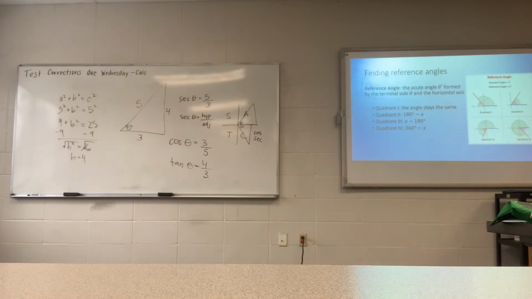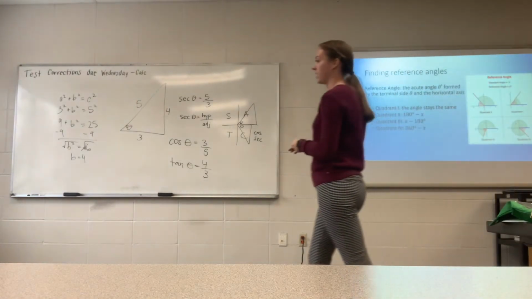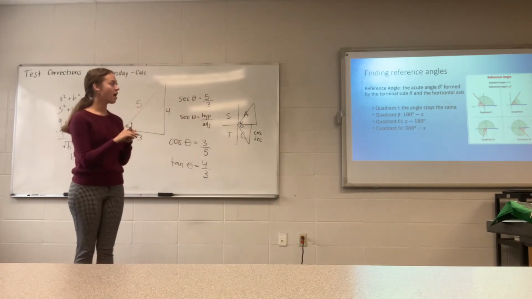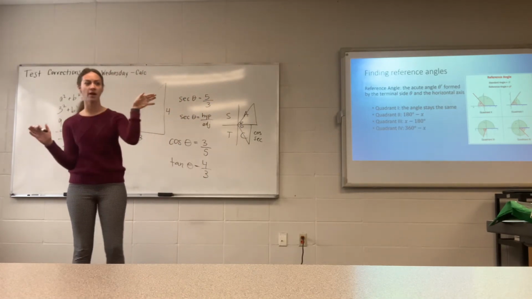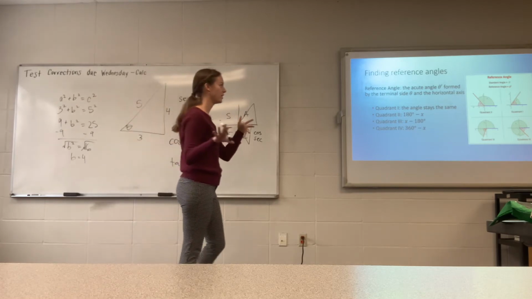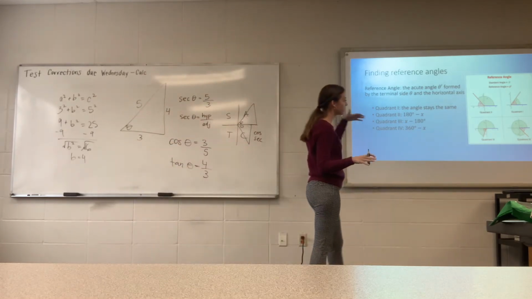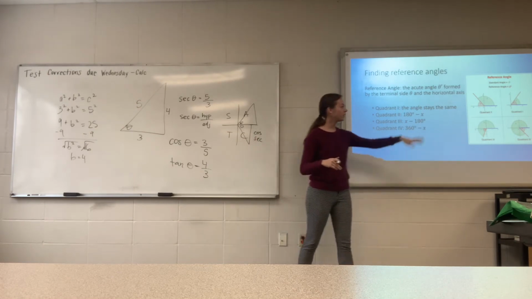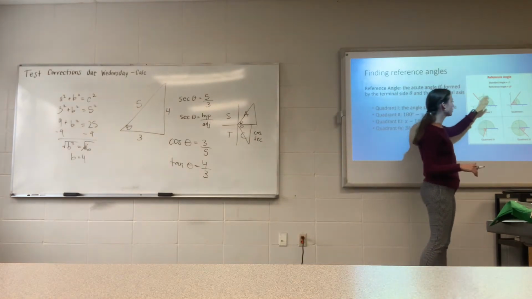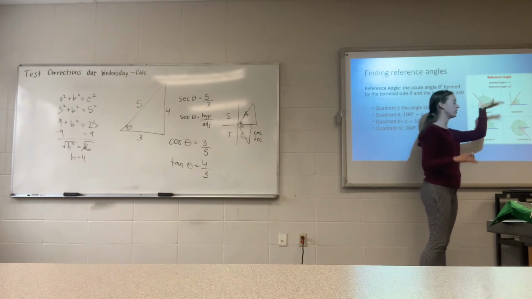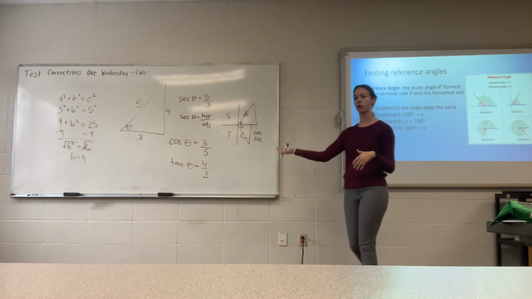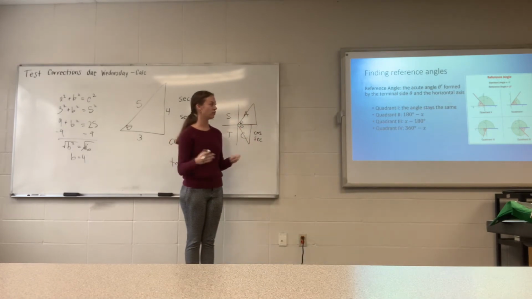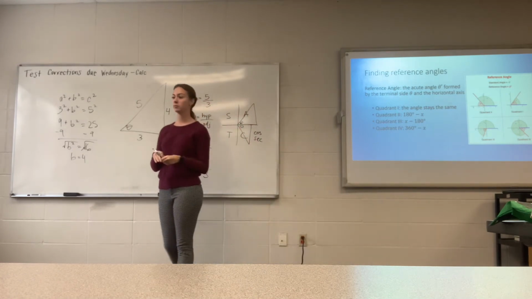Okay, so we've seen this before, our reference angles, but we can use those to help us with drawing triangles. You saw this back when you were at home learning for the week. Just a review: reference angles are always the angle that takes you back to your x-axis. Depending on what quadrant you're in, you go to your closest x-axis. The formulas: in quadrant 1, it's just your angle.